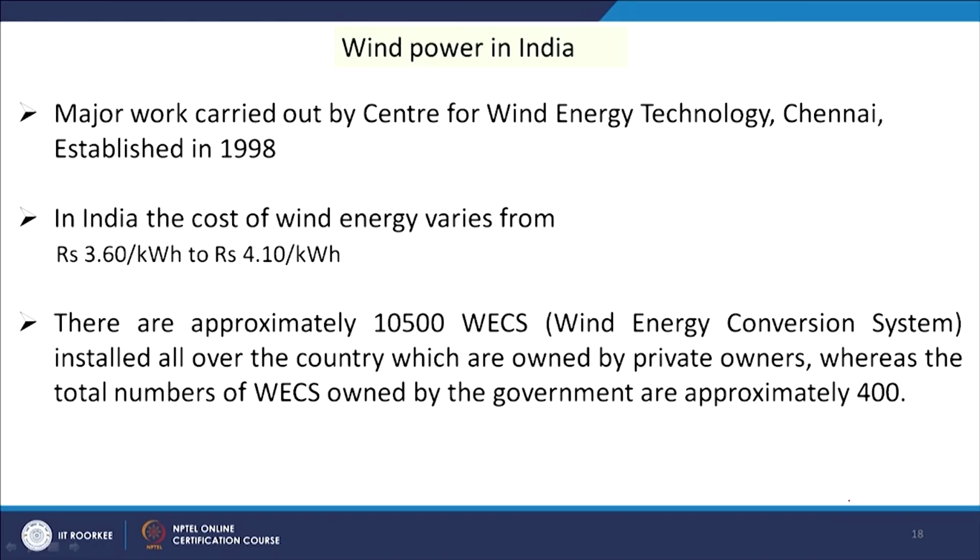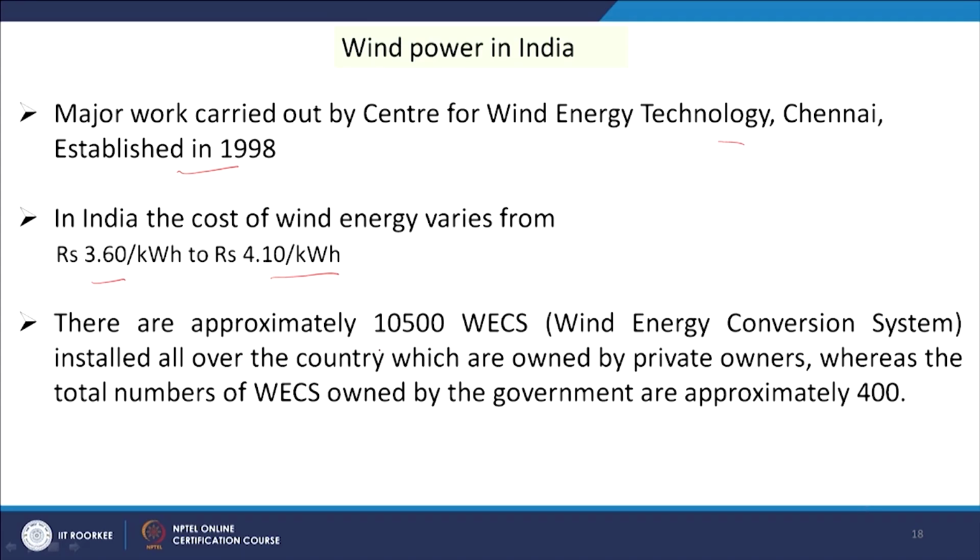Now we will see wind power in India. Major work is carried out by the Center for Wind Energy Technology, Chennai, established in 1998. In India the cost of wind energy varies from 3.6 to 4.10, which is slightly higher than that of conventional, coal based energy, but very competitive.